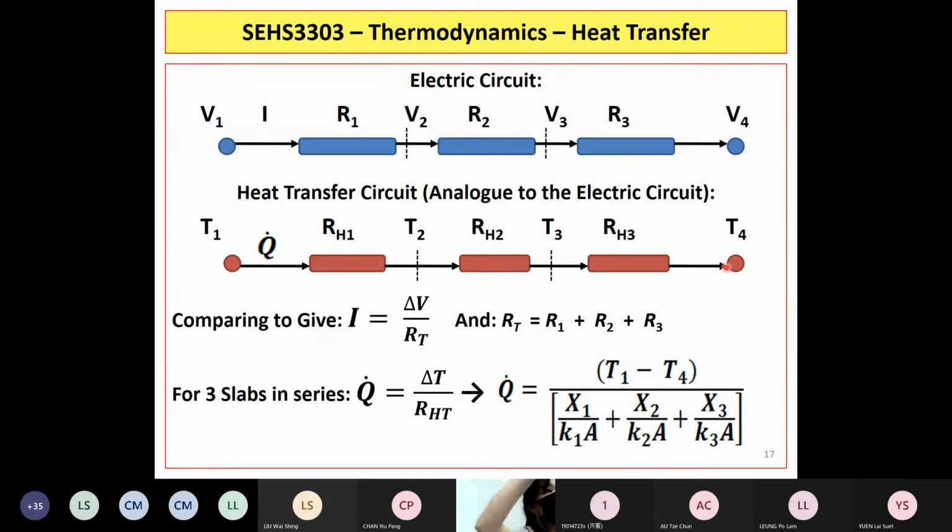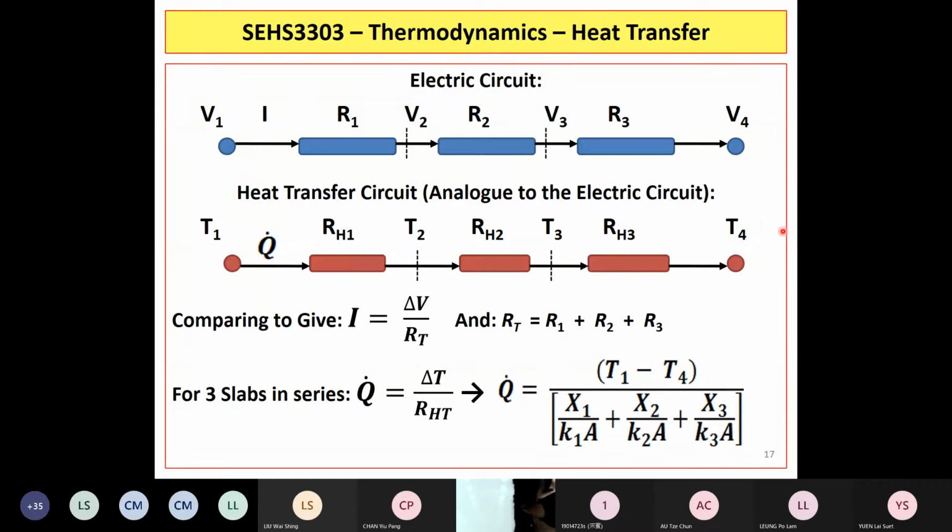So we have three layers, three different materials. We can assume they are resistors. First layer, resistor 1. Second layer, resistor 2. The third layer, resistor 3.